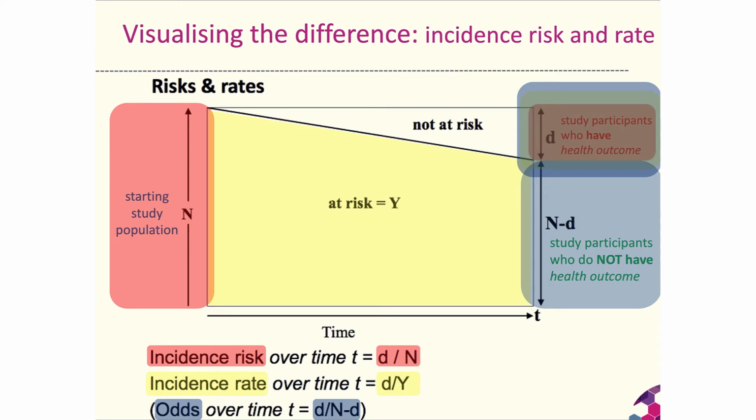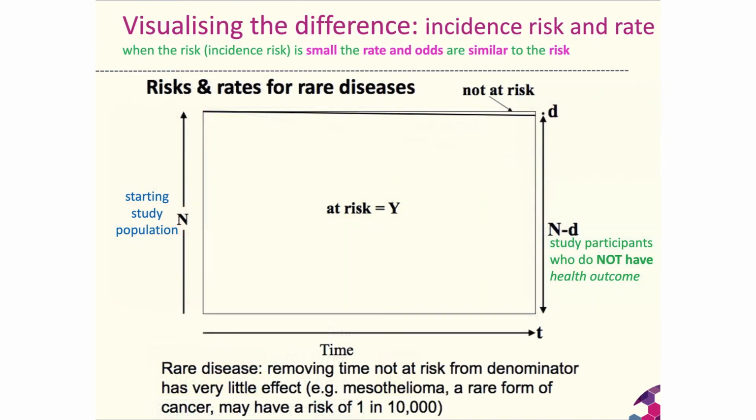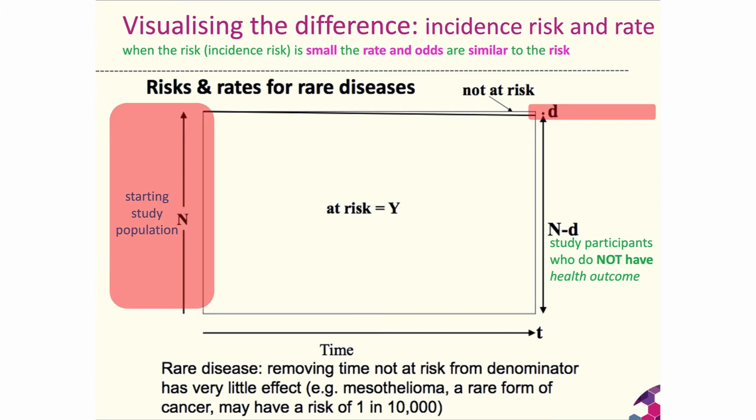Now, something interesting happens when the risk is very, very small. So when the risk is very, very small, you can see here that the number of people with the health outcome is really small and the study population is large. Then you can see that the person years at risk is very, very similar to n, so that y becomes very, very similar to n.